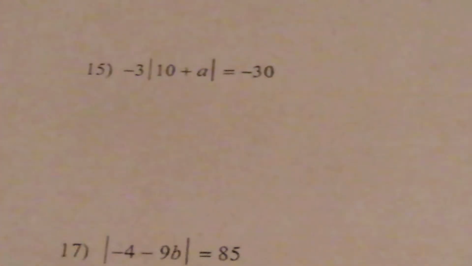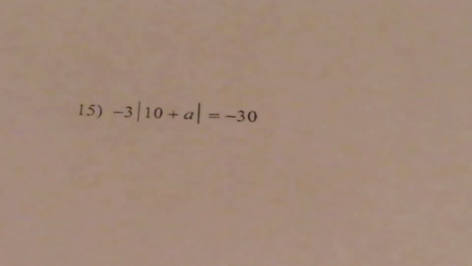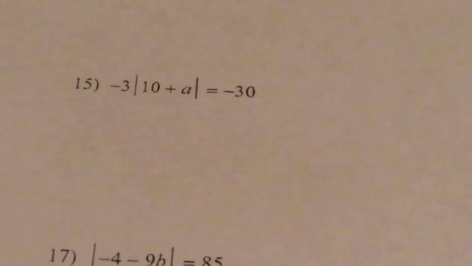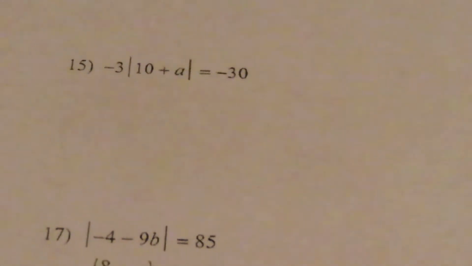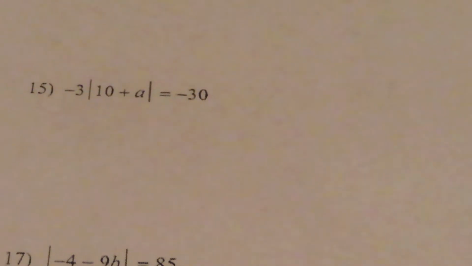So 15, you'd have to divide by negative 3. Interesting. But you still set it up the same way with the positive 30 on the right side. I wonder if you'd get the negative 30 over to the other side first. Probably get it to the other side first. So maybe we'll do something like that with 14.